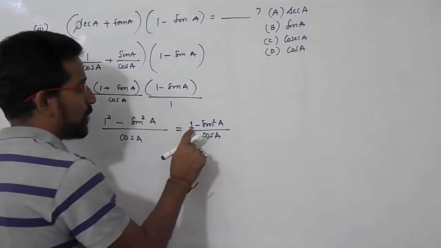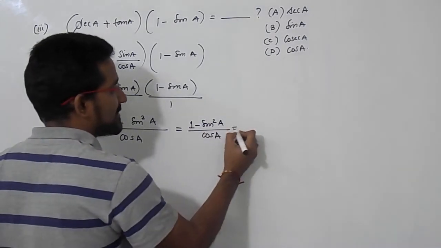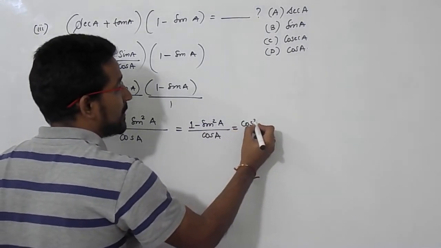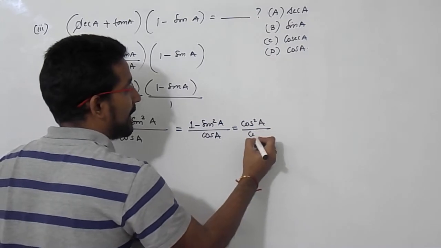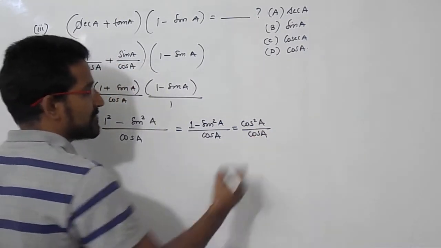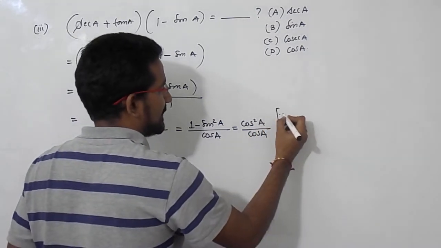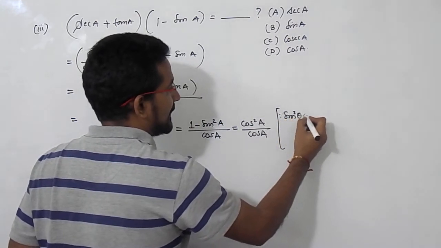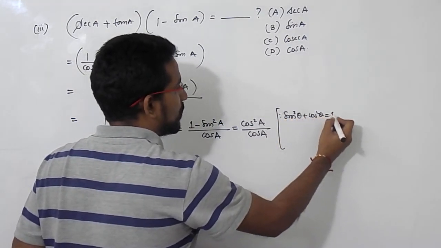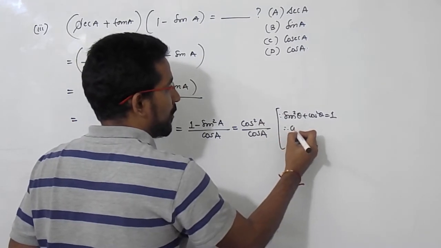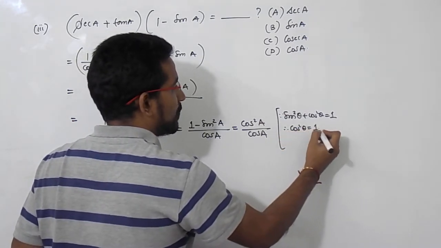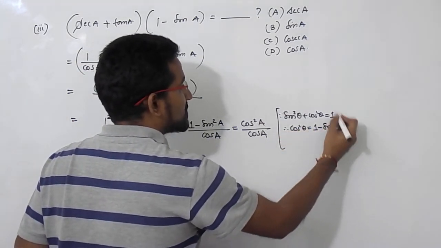Now, what is 1 minus sin square A? 1 minus sin square A is nothing but cos square A divided by cosA. Because we have already studied the identity that sin square theta plus cos square theta is equals to 1, so therefore cos square theta is nothing but equals to 1 minus sin square theta.